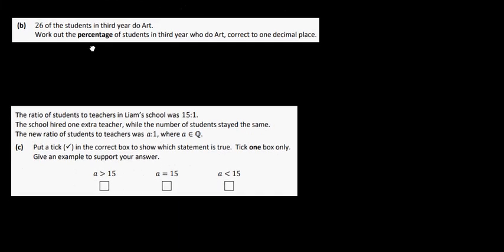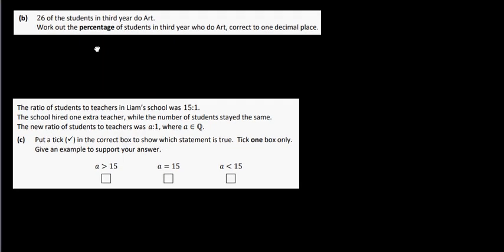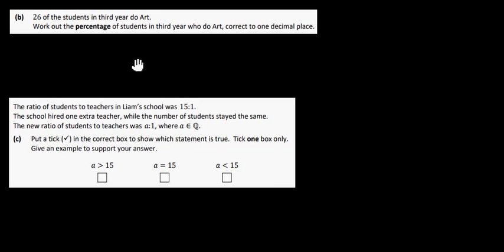Part B, 26 of the students in third year do art. Work out the percentage of students in third year who do art, correct to one decimal place. So we have to get 26 as a percentage of 85. So the way you do that is you put 26 over 85 multiplied by 100, and that gives you 30.6 to one decimal place.